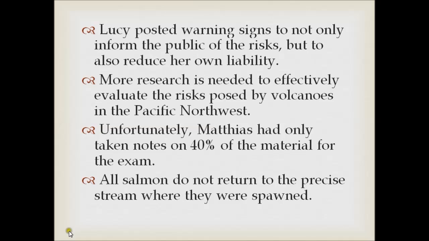That's my guess as to the intention of this sentence. We could say they return to the precise stream where they were not spawned, but that seems unlikely. I think probably the best place in this sentence would be right here. Not all salmon return. Some of them do, but not all of them.